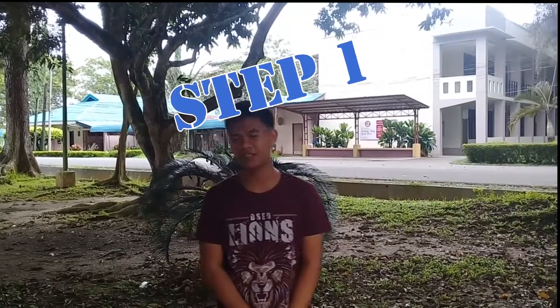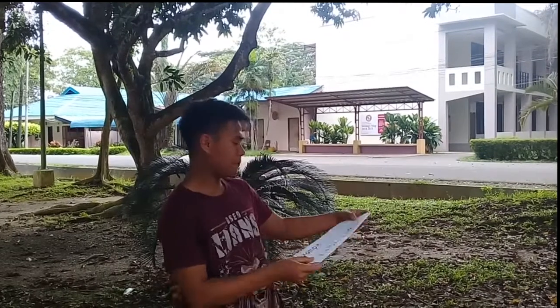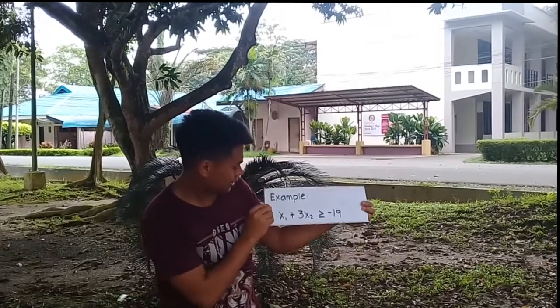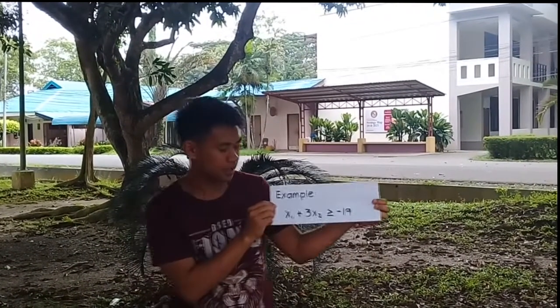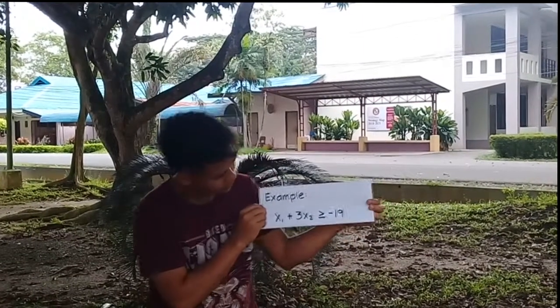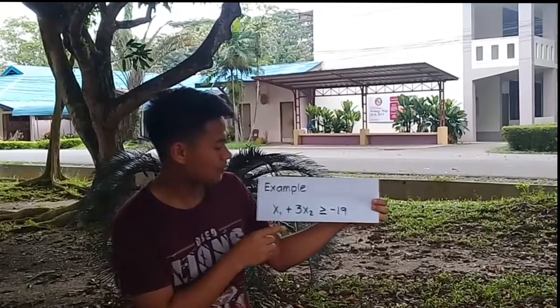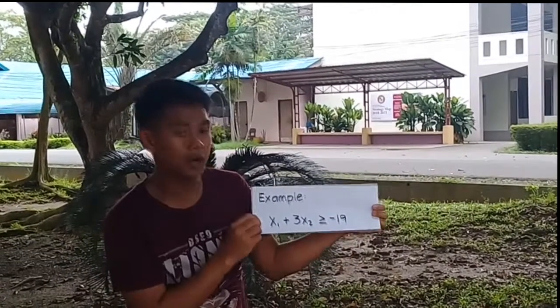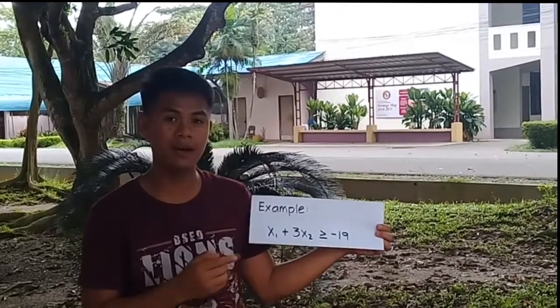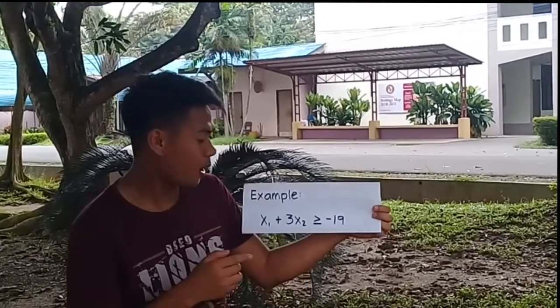Let's do this. Step 1: Multiply the inequality constraints to ensure that the right-hand side is positive. For example, our constraint is x sub 1 plus 3x sub 2 greater than or equal to negative 19. As you can see, we have a negative number on the right-hand side, so we must multiply it by negative 1.